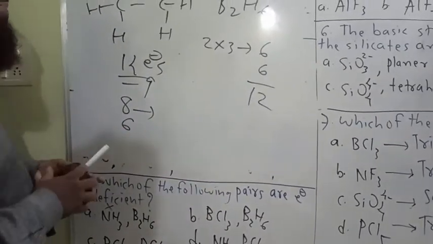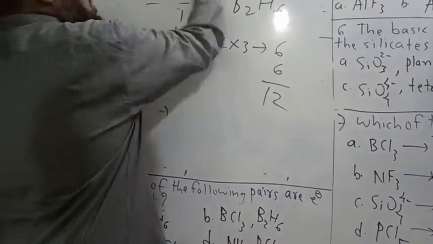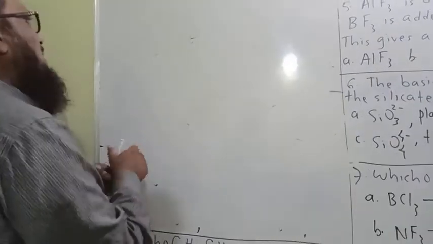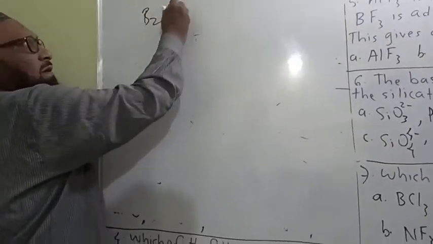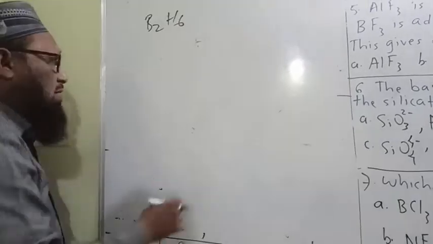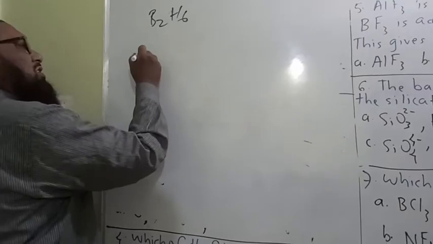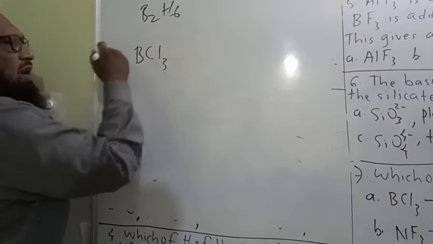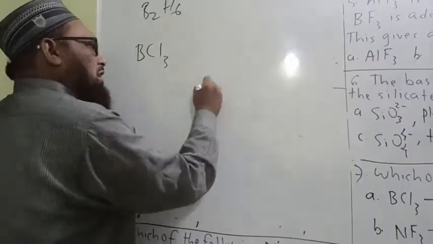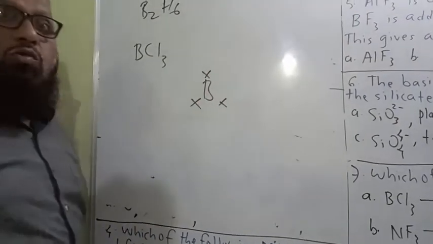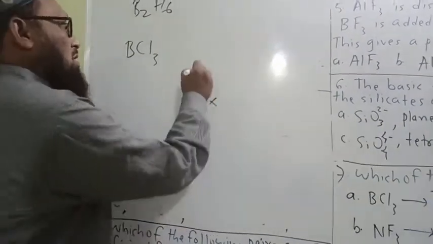BCl3, let us see here BCl3. B2H6 is electron deficient. We have to find out the pair. How to find out the pair? Let us see BCl3. Central atom boron, valence electrons 3. Chlorine, valence electrons 7, valency 1.